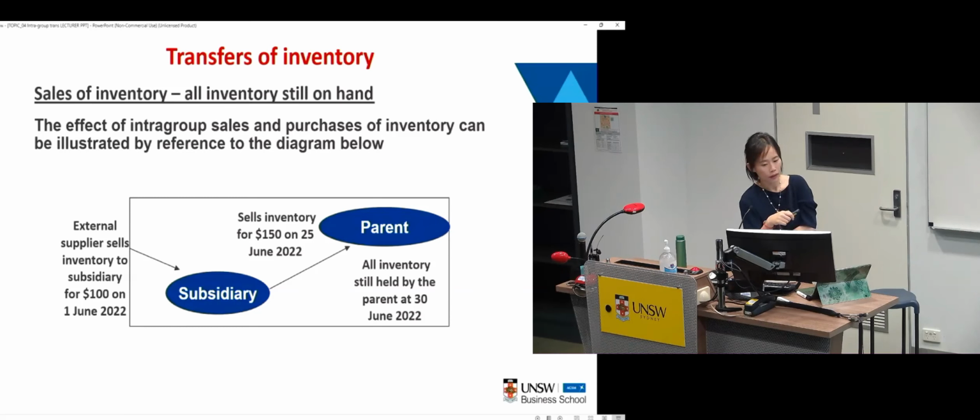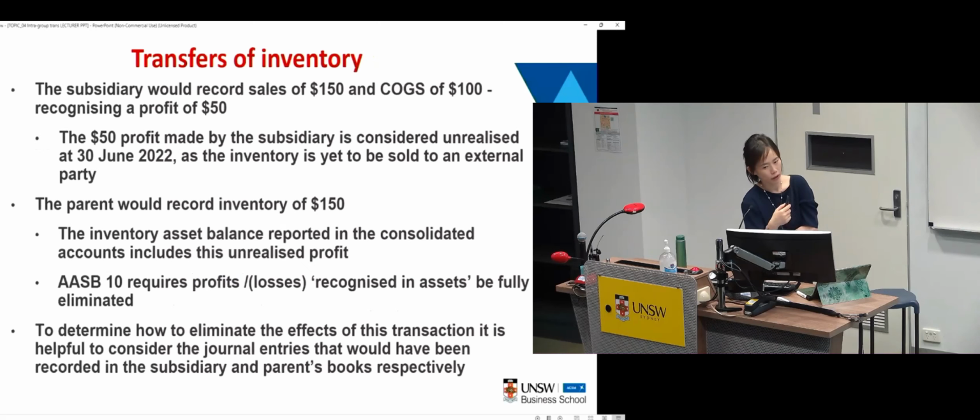Okay. Now, in order to find out the worksheet adjustment, let's have a look at the entries recorded by each legal entity. So you can see the subsidiary as a seller, right? Records sales revenue, 150. And cost of goods sold will be debited in the subsidiary's record as 100. Okay. Now, sales minus cost of goods sold.